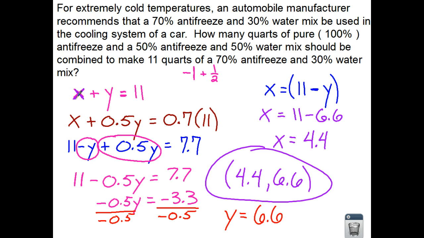So I am going to need 4 and 4/10 quarts of the 100% solution mixed with 6 and 6/10 of the 50% solution to equal a 70% solution of our 11 quarts. How about that?